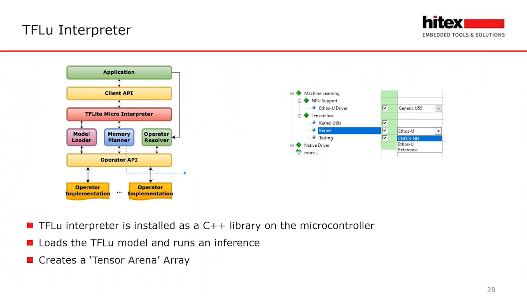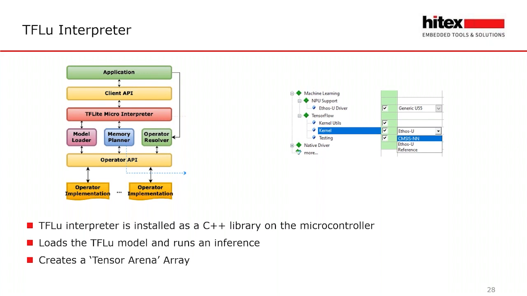So to take that down onto the microcontroller, as I mentioned before, we quantize it. We can then export it as a header file. And we need then to add the TensorFlow Lite micro interpreter. So this is installed on the microcontroller. It's available as a software pack, so we can download it and install it into the Microvision toolchain.